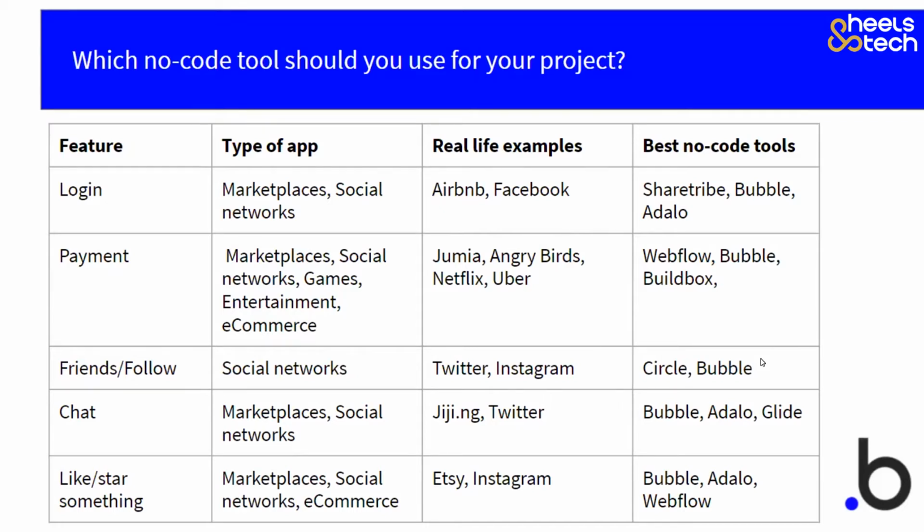And then you have another tool called Circle, which also allows you to create a marketplace. For example, if a buyer wants to buy an item on the marketplace and needs to talk to the seller, you need to have a chat feature. Also, in a social network platform like Twitter or Facebook or Instagram, messaging or chats is also involved, right? And the apps that can do that again are Bubble, Adalo, and Glide, right?